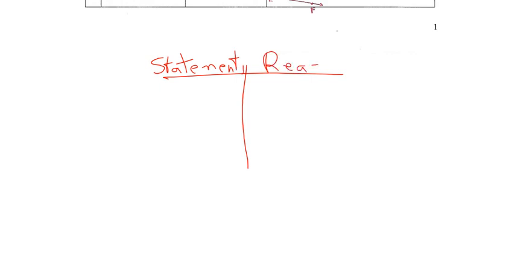So here we will have statements, and here we will have reasons. We usually have a list of statements here. They are all numbered, and the reasons are also numbered, so that we know which belongs to which one.